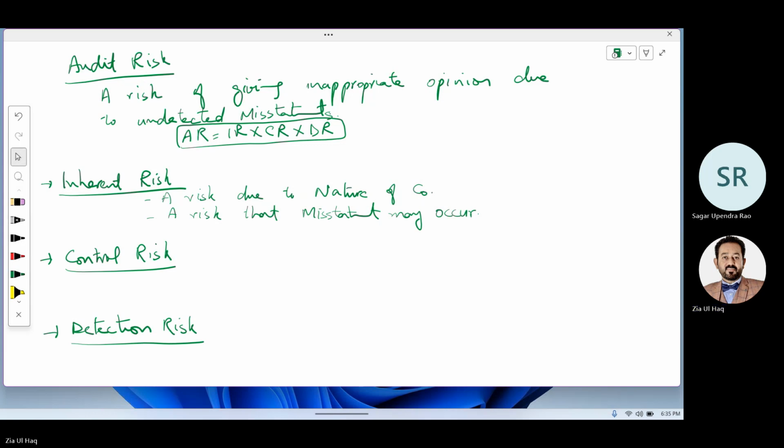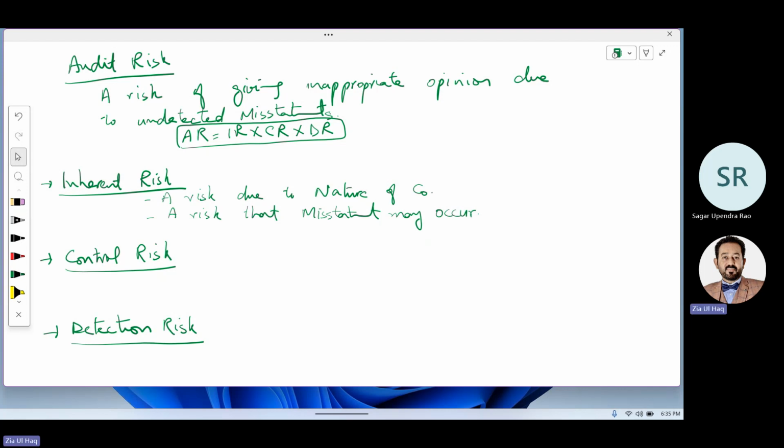One more example. While obtaining information about the company, if we are aware that the company is going to obtain a bank loan, because the company needs a bank loan for survival, this means the company's financials are not good. That's why the company is going for a bank loan. How will the bank approve the loan?